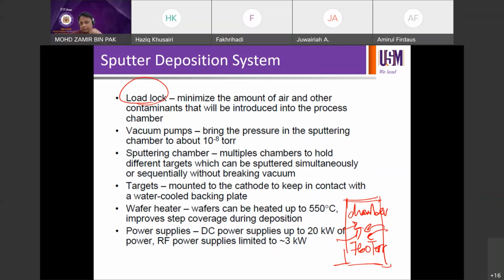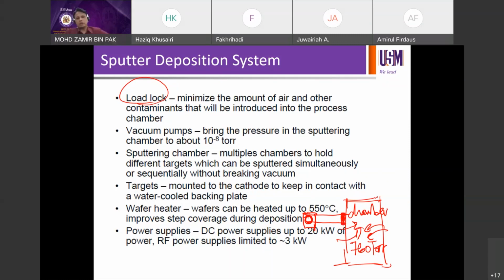On the other hand, if you have a system that has a load lock, which is a step or a mechanism where you put your sample on an arm, but this chamber and the arm are isolated by a valve.